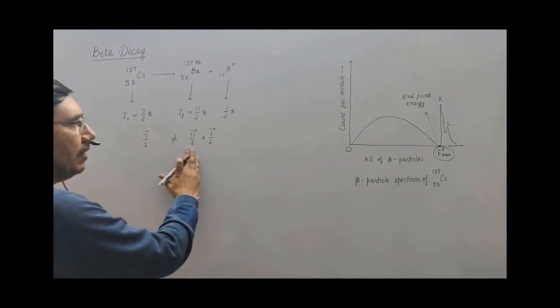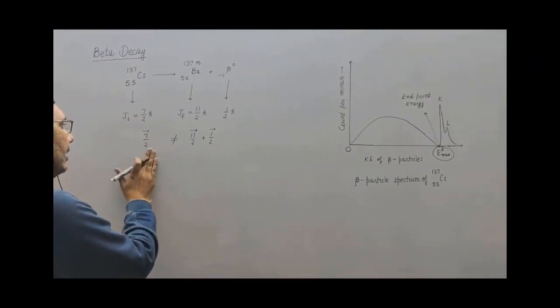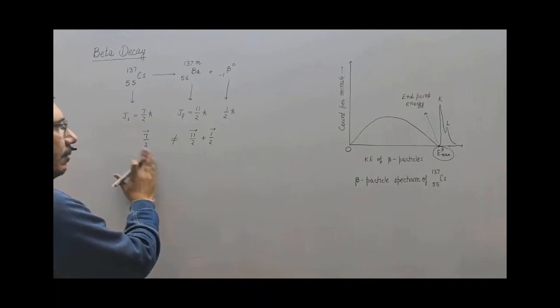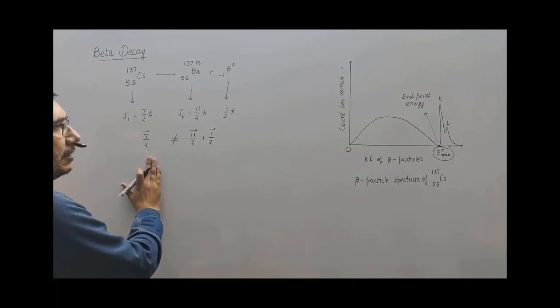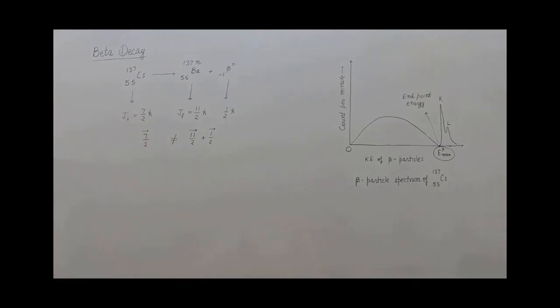On one side we have an integer resultant, and on the other side we have half-integer spin.